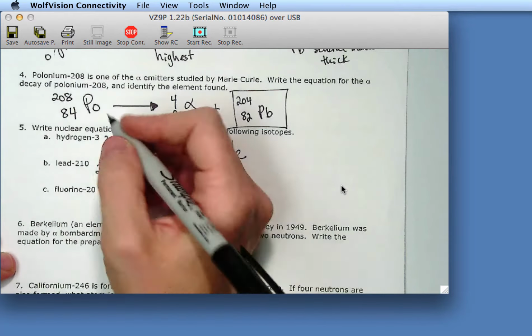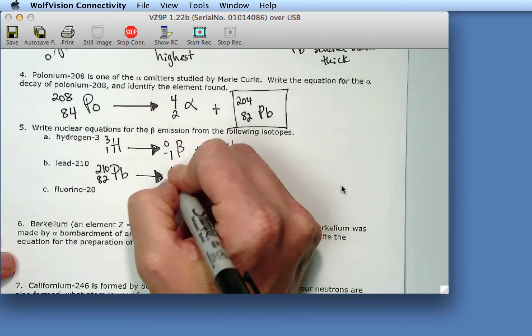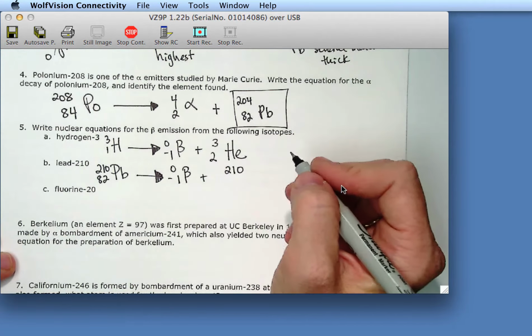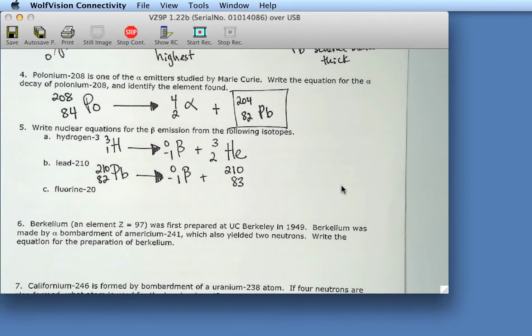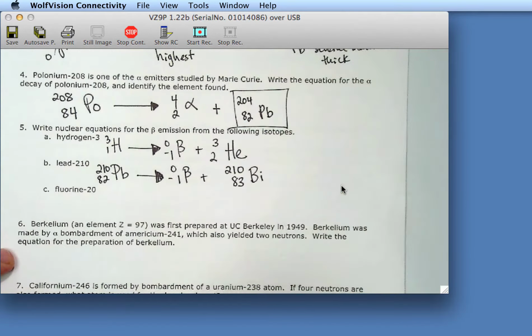So lead-210, 82, another beta decay. So it's going to be 210, 83. And that's going to be bismuth, Bi.